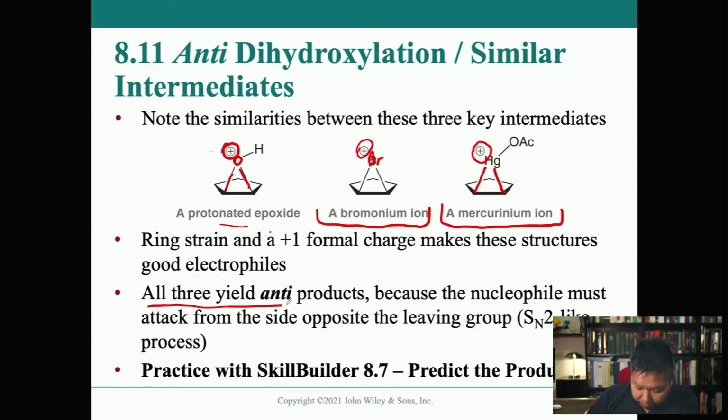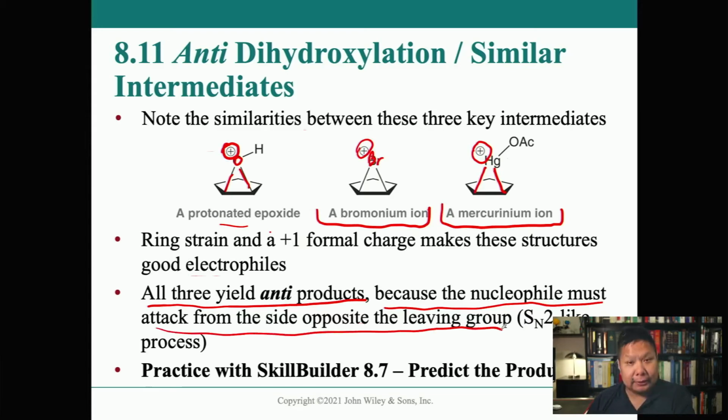They all yield products that have anti-positioning of their substituents. And remember, the reason why is because the nucleophile has to attack from the other side of the leaving group, just like in an SN2 reaction where it does a backside attack, because that's the only place it can go.